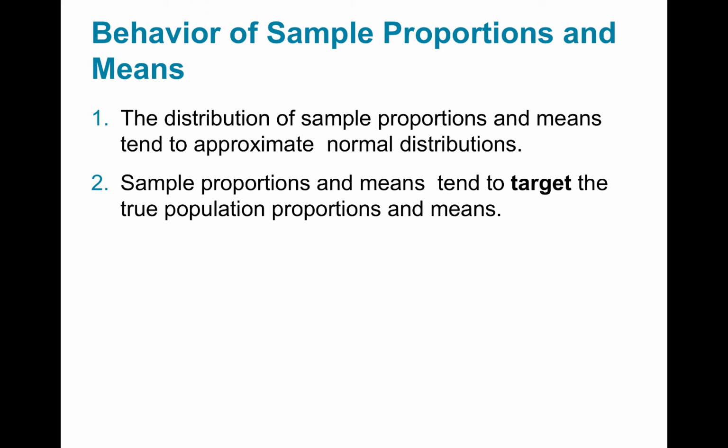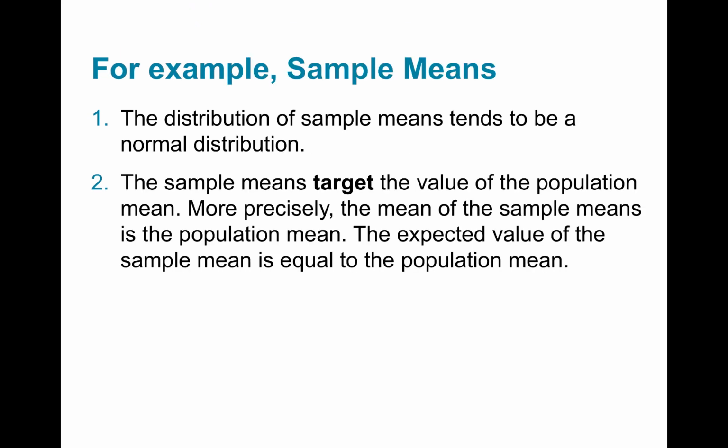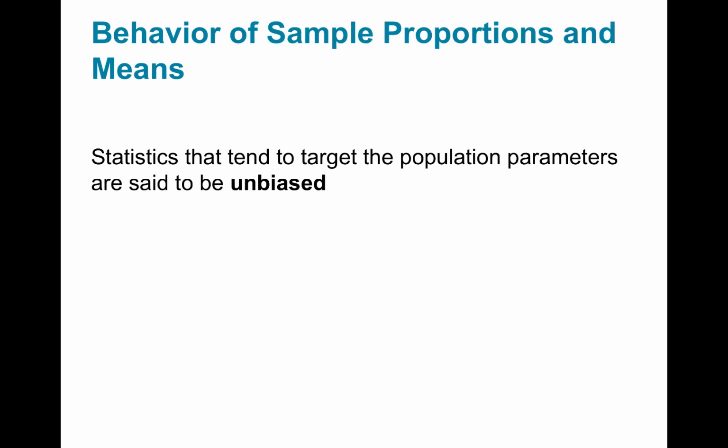Also, the sample proportions and means are unbiased estimates of the true proportion and mean. So they tend to target the true population values. More precisely, the mean of the sample means is the population mean, right? And the mean of the sample proportion is the population proportion. So we say that they're unbiased estimators.